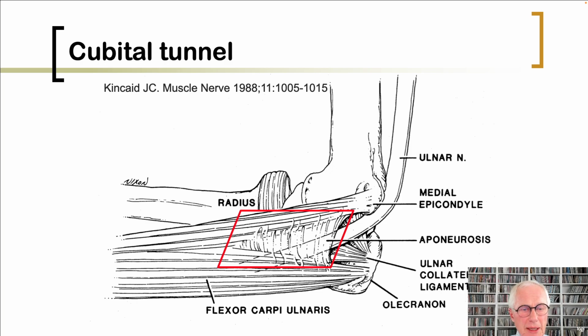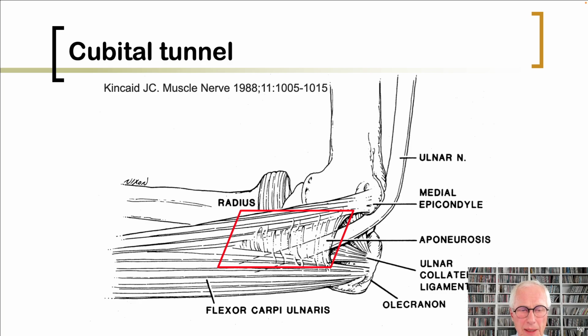If we look at the anatomical features here, we have the cubital tunnel. The cubital tunnel is formed by the aponeurosis of the flexor carpi ulnaris muscle and the ulnar collateral ligaments to the elbow joint.